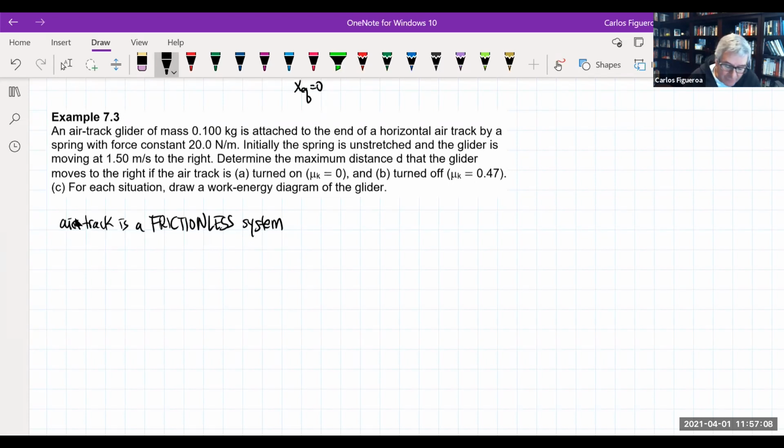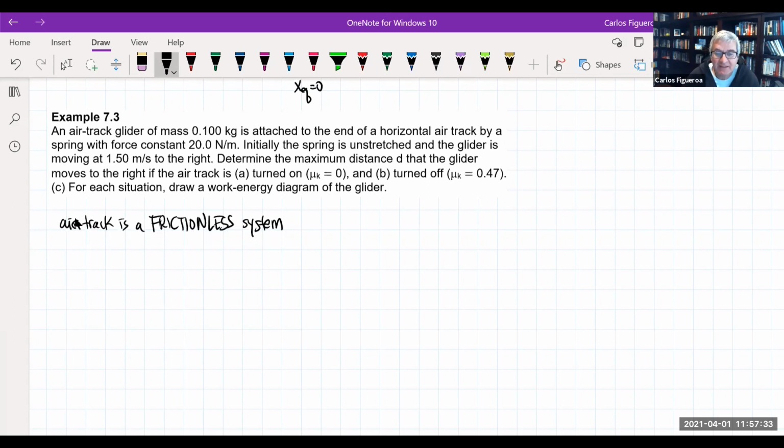So a glider is essentially a thing that's going to move across this surface. It says here that this glider has a mass of 0.1 kilograms, and it's attached to a spring on a horizontal air track. So what am I really talking about?